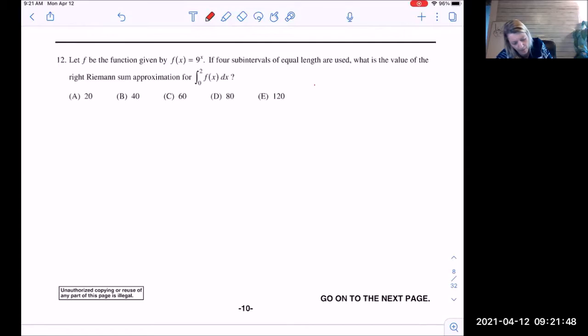I would make a table of x and y. 1, 2, 3, and I need 4 points so that I have 1, or do I need 5 points? I need 5 points, so I have 4 intervals.